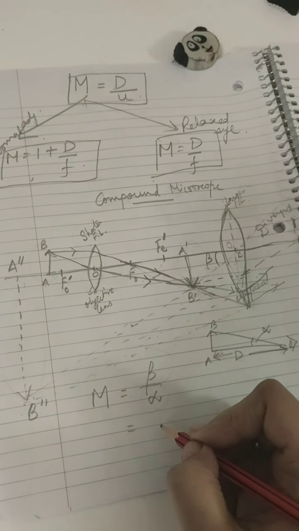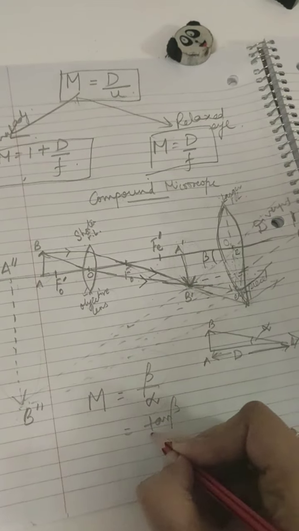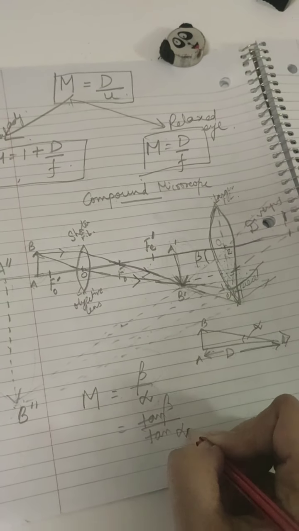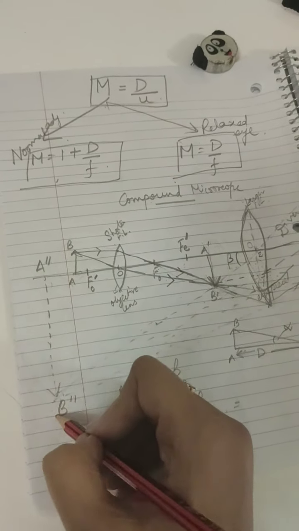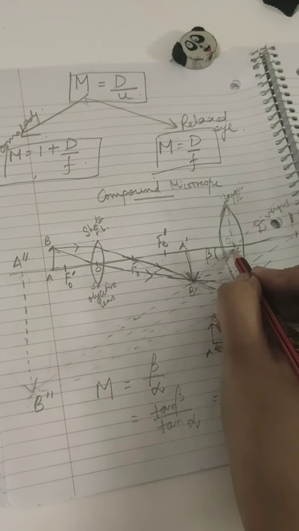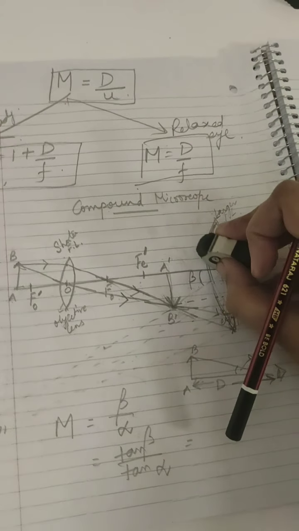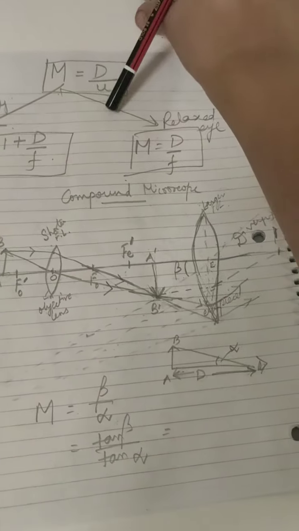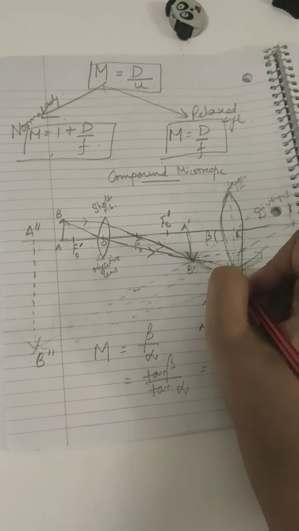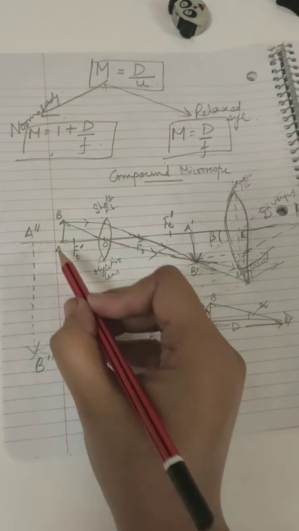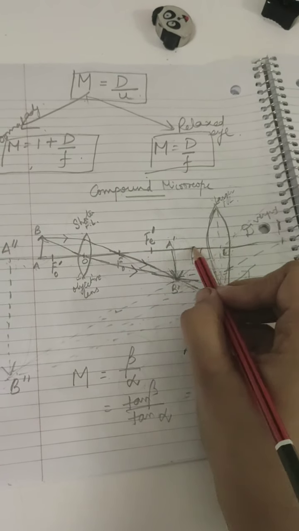Okay, so beta is equal to tan beta, alpha is equal to tan alpha. So find out tan beta from here. What is it? A double prime B double prime by A double prime E. This is E. E is the optical center of this lens, eyepiece. So A double prime B double prime by A double prime E. Can I take this triangle for beta?